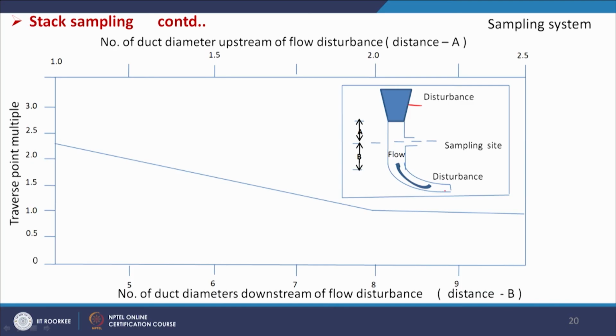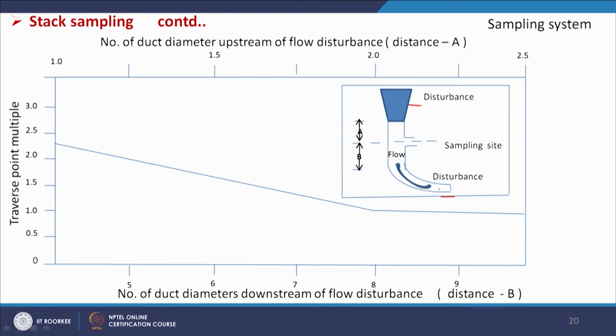Another important point is that in the stack where we are collecting the samples, there may be different bends. If we have a bend or some disturbance to the flow inside the stack, where we collect the sample is also a matter of question. There are some guidelines like this: if this is one disturbance and this is another, suddenly the diameter is changing, that means the flow will change.